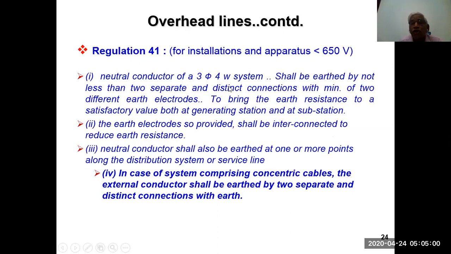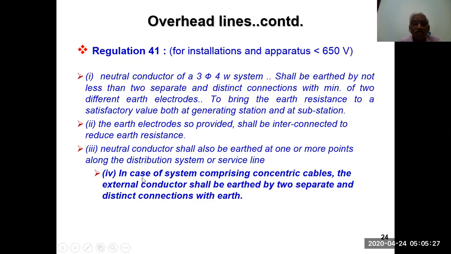That means 2 independent connections have to be given to 2 different earth electrodes to bring the earth resistance to a satisfactory value, both at the generating stations and substations. The earth electrodes so provided shall be interconnected to reduce the earth resistance. The neutral conductor shall also be earthed at one or more points along the distribution system or the service line.